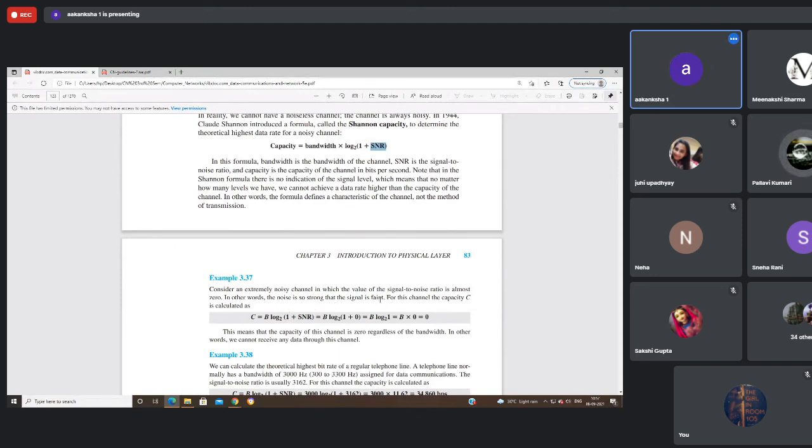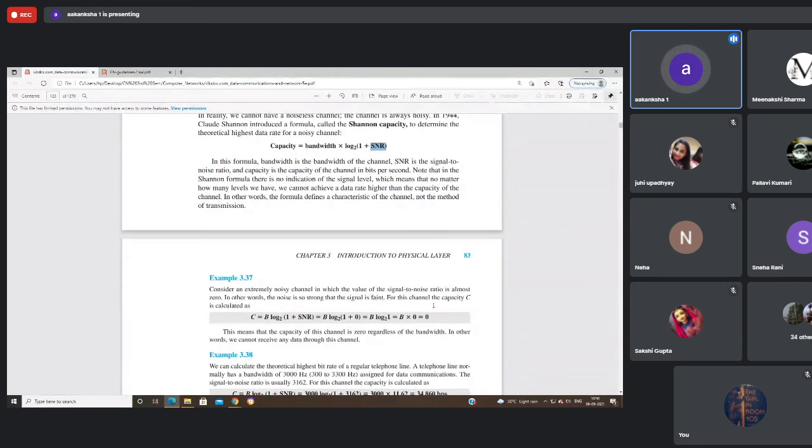If the noise is so strong that the signal is faint, or you cannot recognize the signal power, the signal power is nearly 0. So 0 upon some maximum noise will be nearly 0.